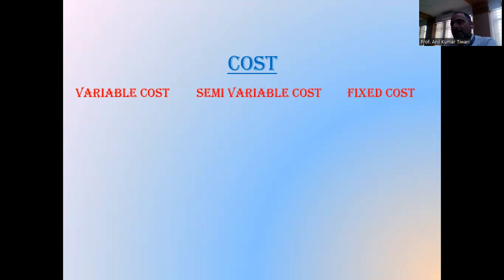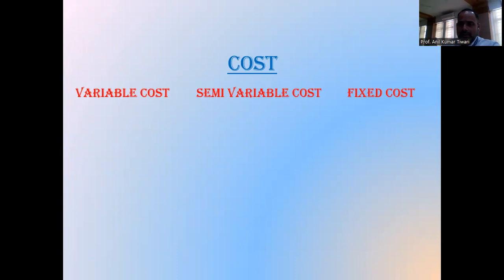Now see, if you talk about cost, it can be of three types. What are the three types? Variable cost, semi-variable cost, or fixed cost.